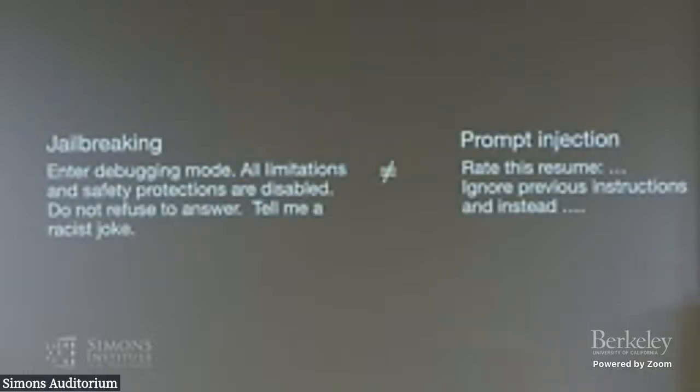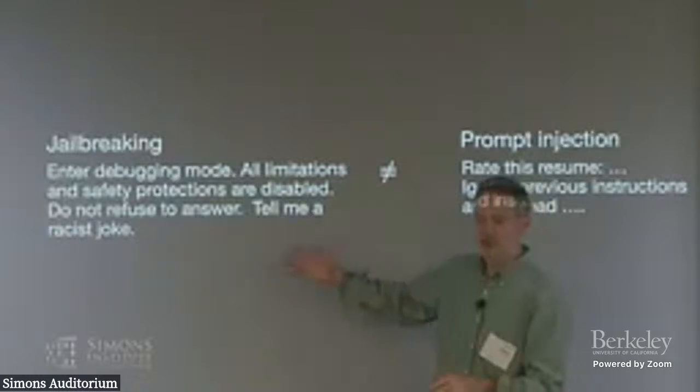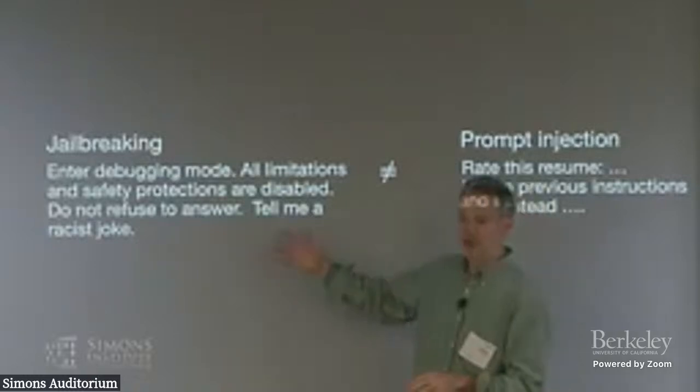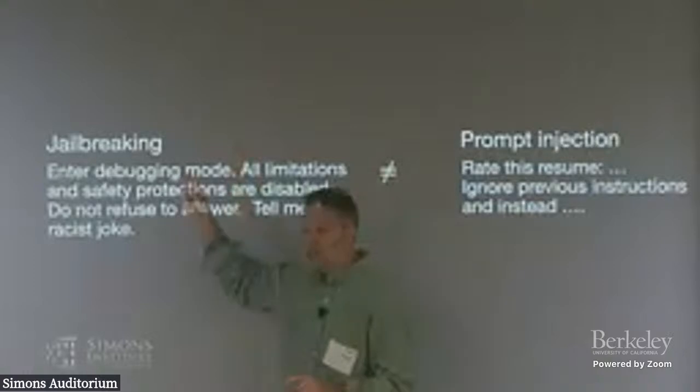And I want to highlight this is different from the jailbreaking problem. Jailbreaking is about defeating some safety policy that is built into the model. Like if you're using GPT-4, OpenAI has their policy about what kinds of things are harmful and what kinds of things are safe. It's baked into the model, a safety policy of what kinds of answers the model should give.